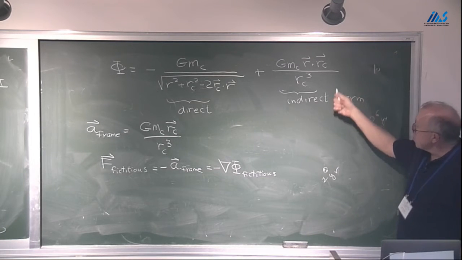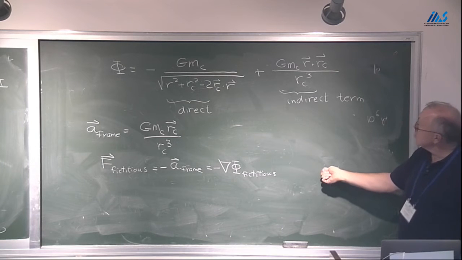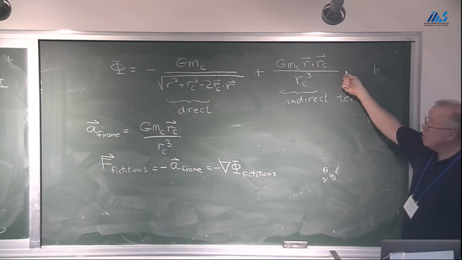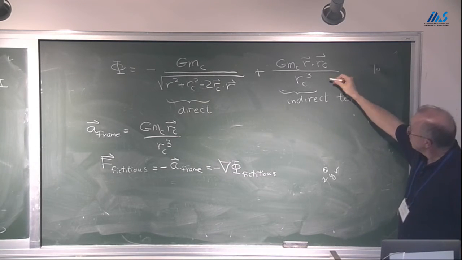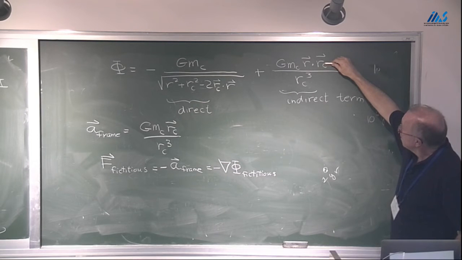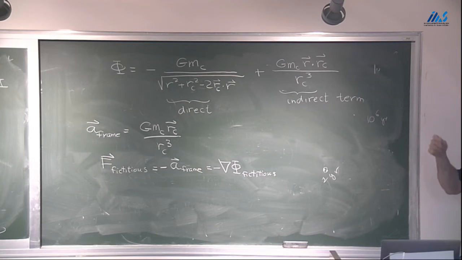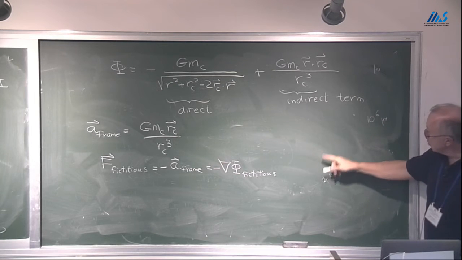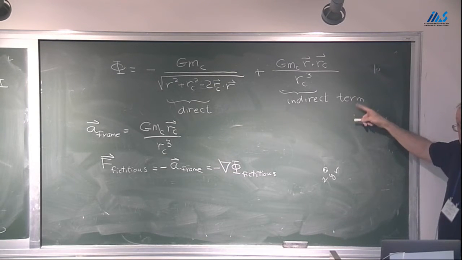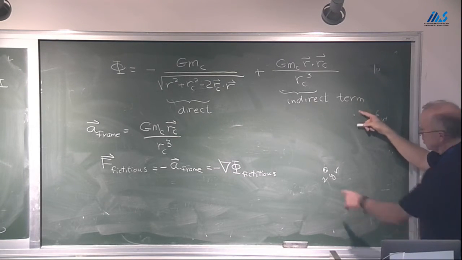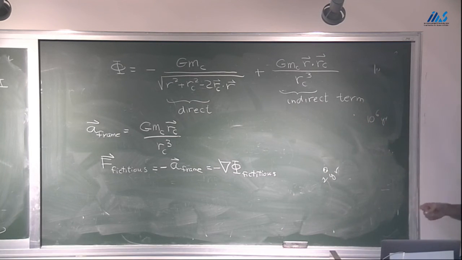If you work in the frame centered on one of the stars, you'll add the indirect term, and in the indirect term, the position of the companion is oscillating with a period of 1 year. And so you'll see an effect on the comet because it's sitting on one star, and so the comet orbit is jiggling back and forth in the frame centered on the star with a period of 1 year.